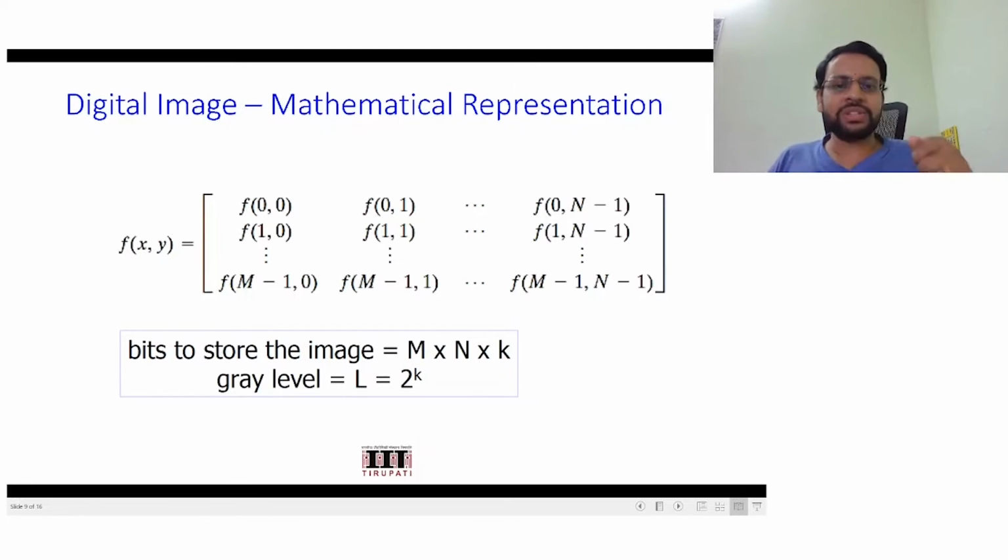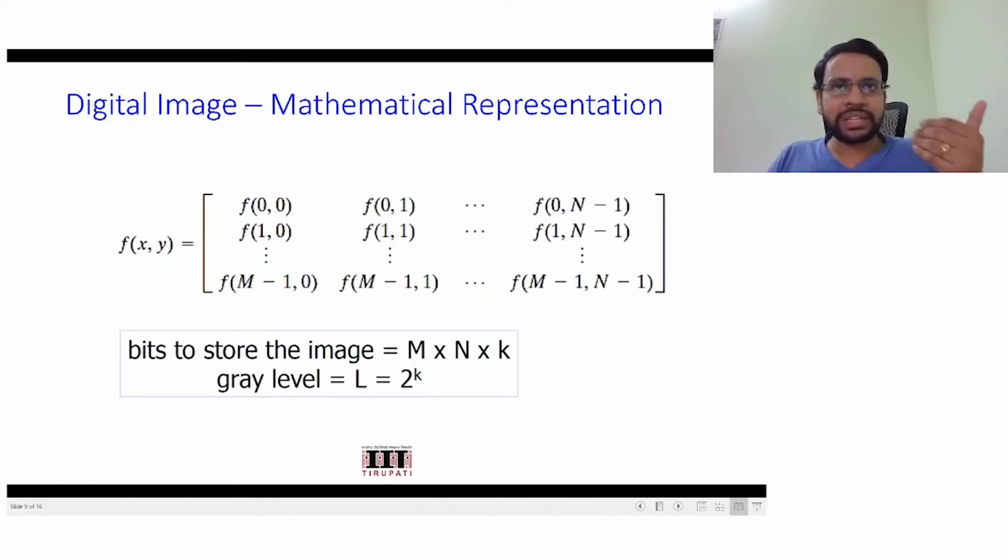But anyway, the size, you typically mention it in terms of m rows and n columns, let's say here. So if you are starting your index from 0, you will go till m minus 1. Similarly for columns, if there are n columns, you will go from 0 to n minus 1. So this is as far as the sampling in x and y directions is concerned.